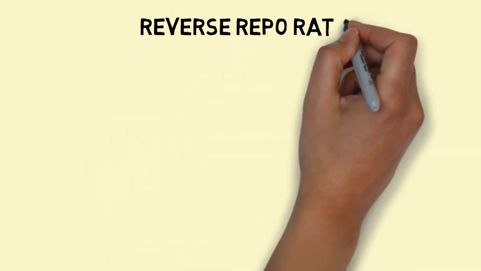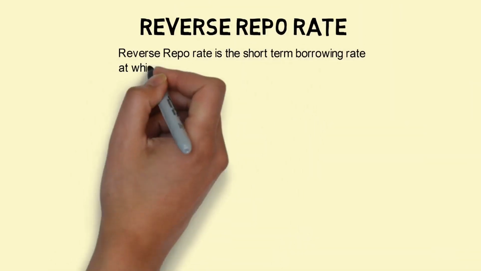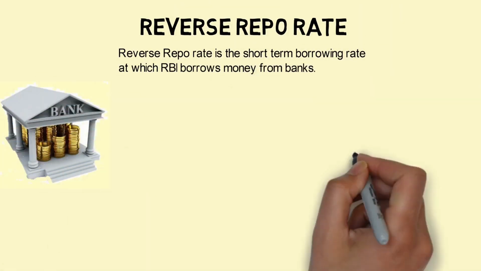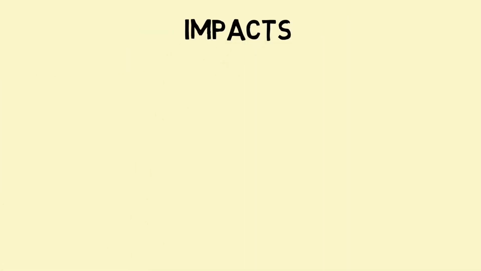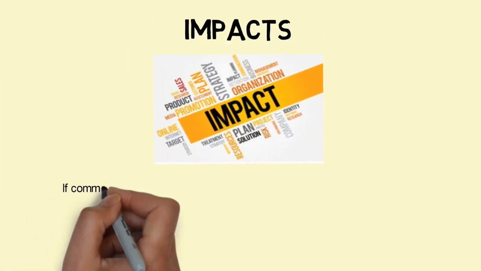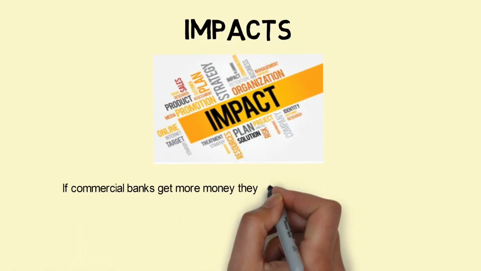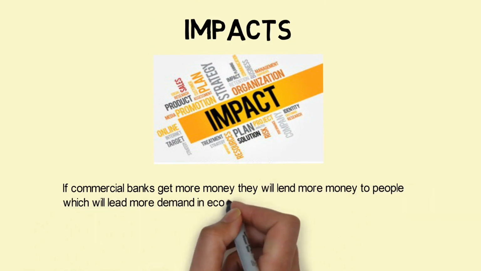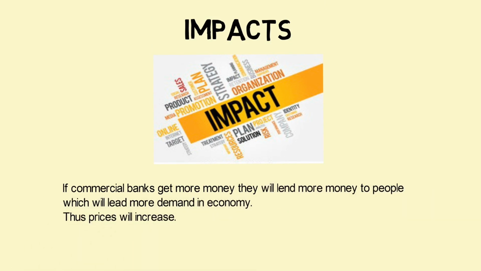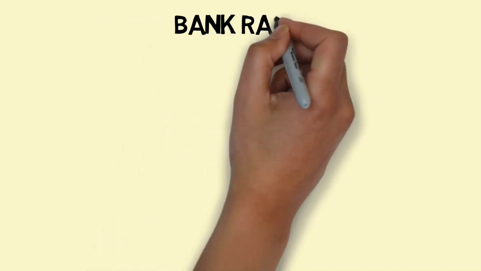The reverse repo rate is a short-term borrowing rate at which RBI borrows money from commercial banks. What's the impact? If commercial banks get more money, then they will lend more money to people, which will lead to more demand in the economy. Thus, prices will increase.